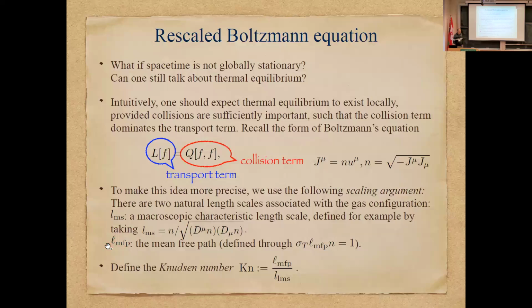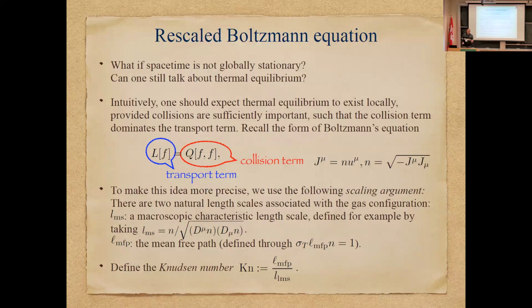And then you introduce the mean free path. Intuitively, it's the mean distance between collisions, and you could define it in a formal way as the length which makes the product of the total cross section times L times n equal to 1. So this is a length scale. Then you introduce a Knudsen number, which is the ratio between these two length scales.